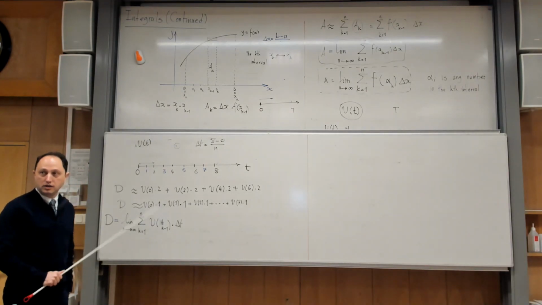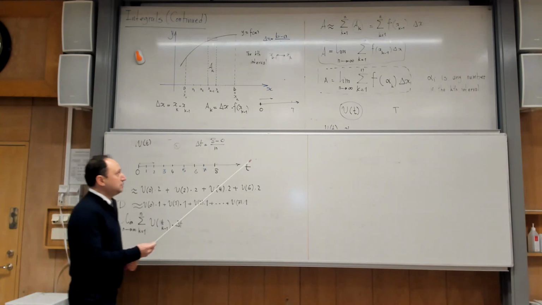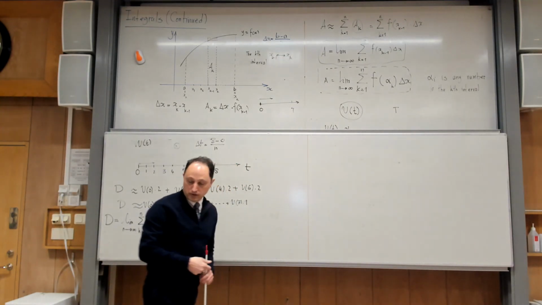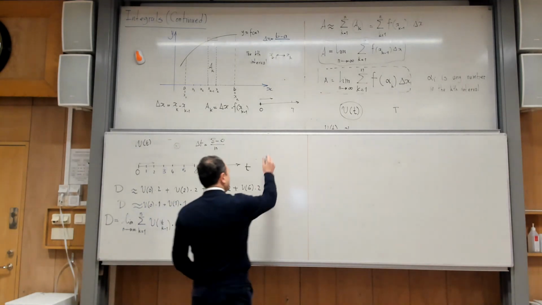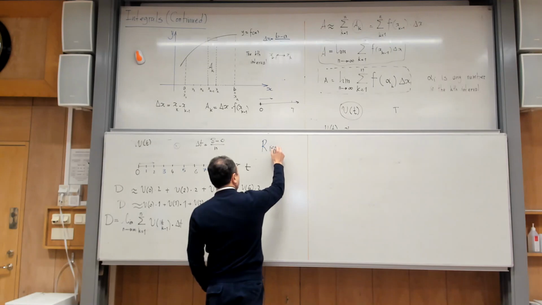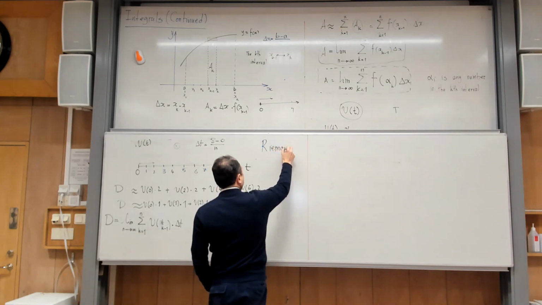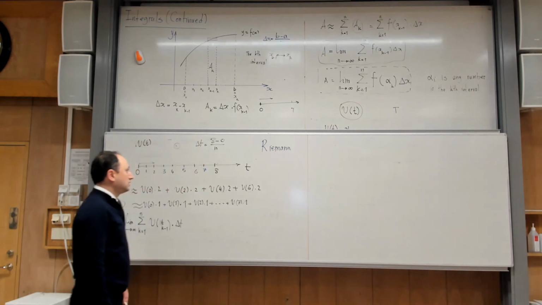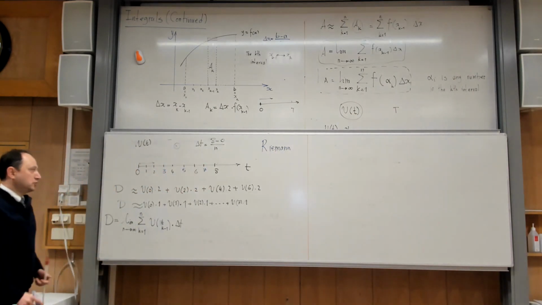Is that understandable? So this kind of limit is important. By the way, these are called Riemann sums. Riemann was actually a very genius mathematician from Germany. I'm not sure whether his name should have a double M or not, but unfortunately he died before 40.